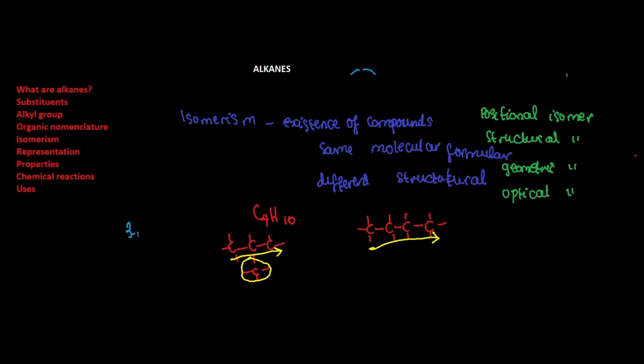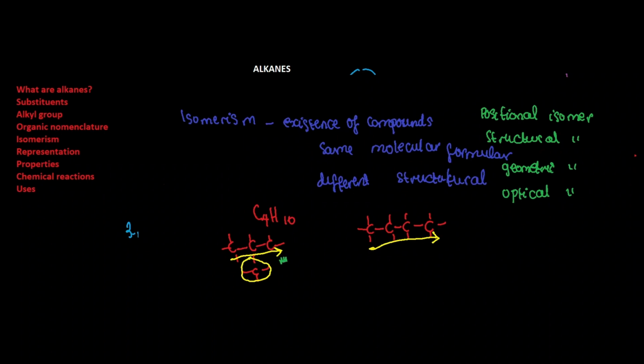For the sake of this video, we would be considering the structural isomer only. So the structural isomer only has to do with the difference in the way in which the atoms are arranged in space. It has to do with arrangement, and C4H10 is a basic example of how this arrangement varies.